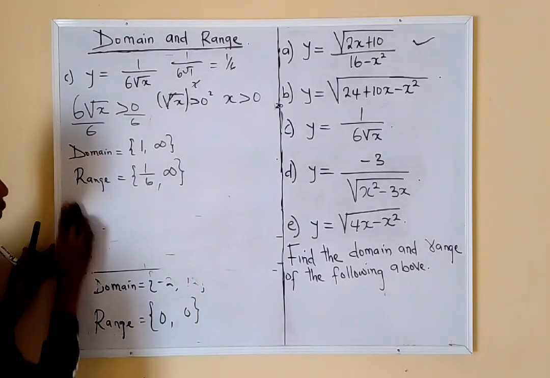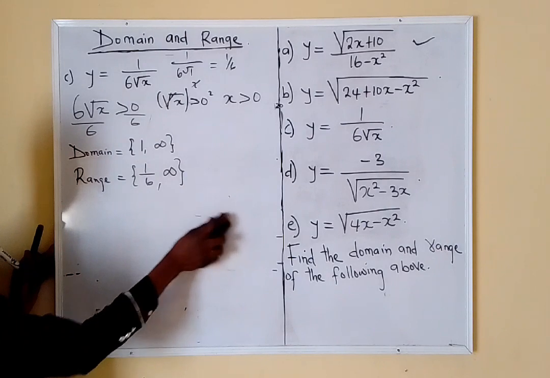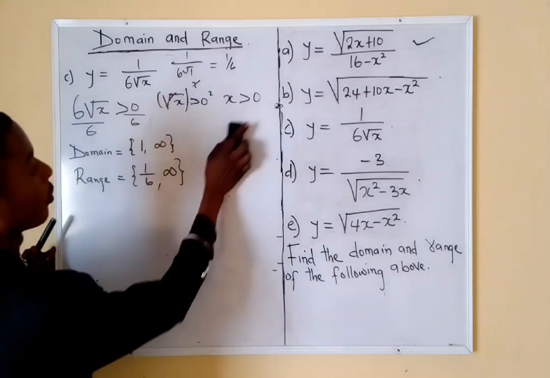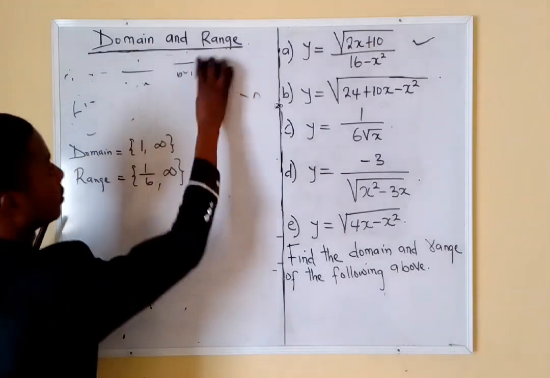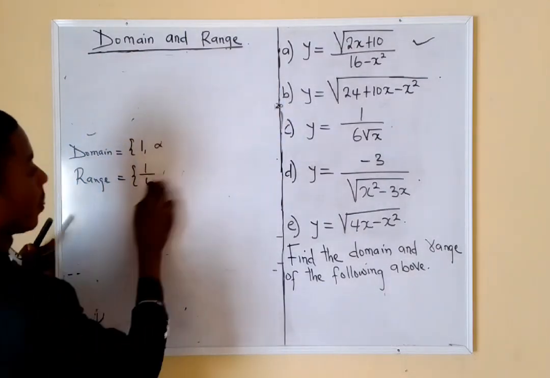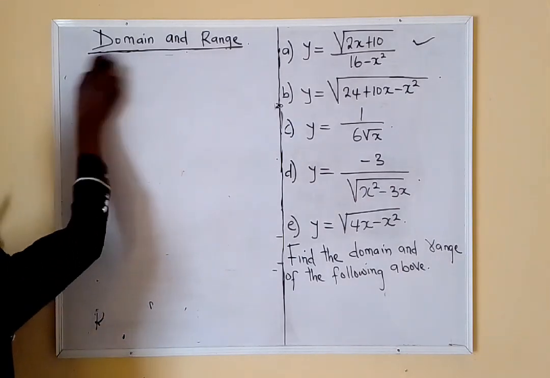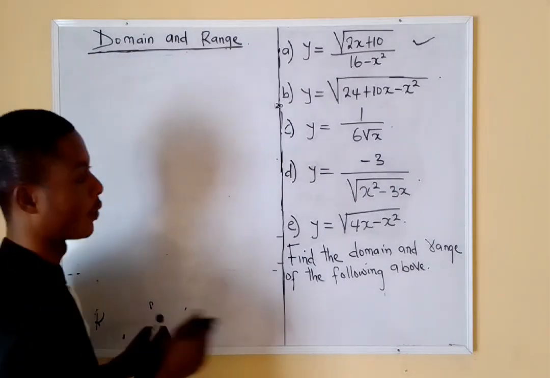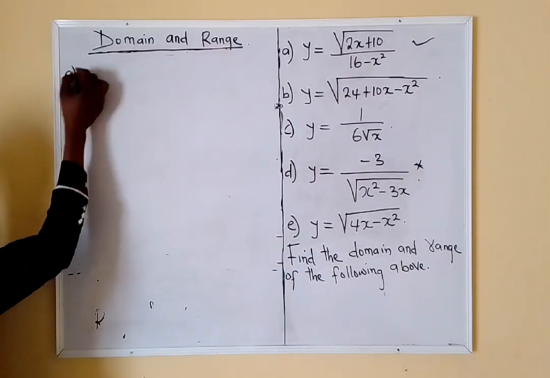Okay, let's solve E. I'll leave this for you as an assignment. E says y is equal to the square root of 4x minus x squared. Same thing. Everything in this root must be 0 or greater than 0 if you must have real values for these functions.